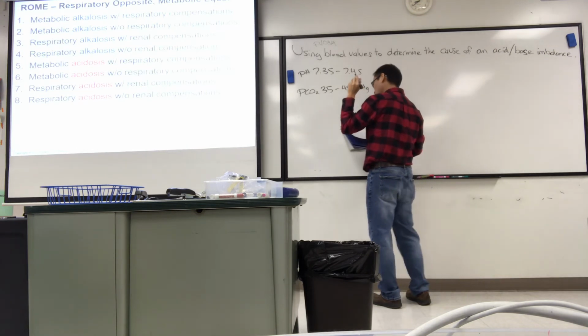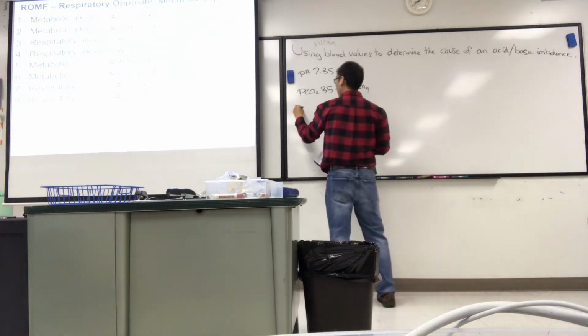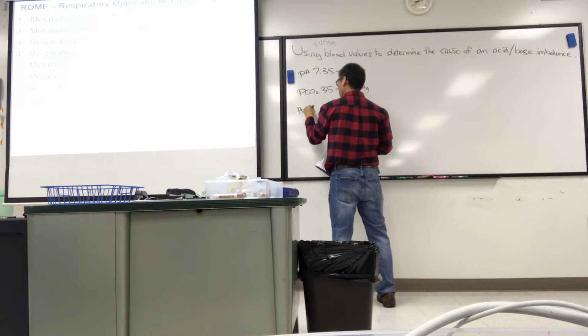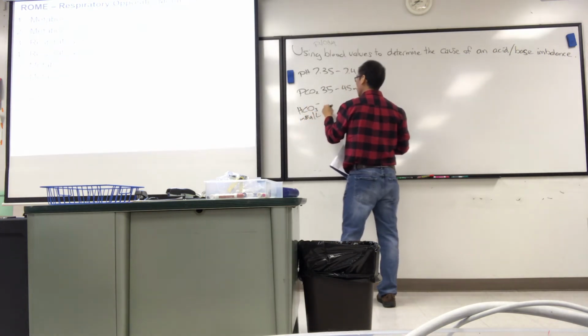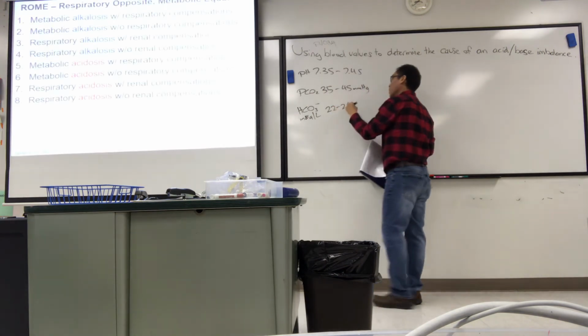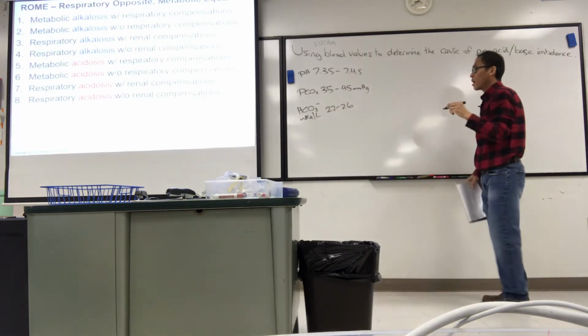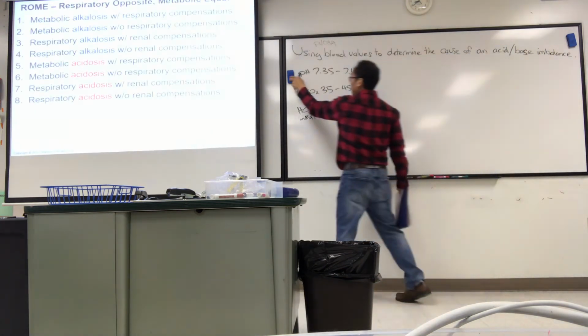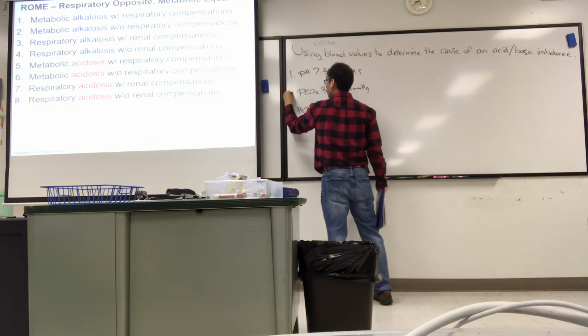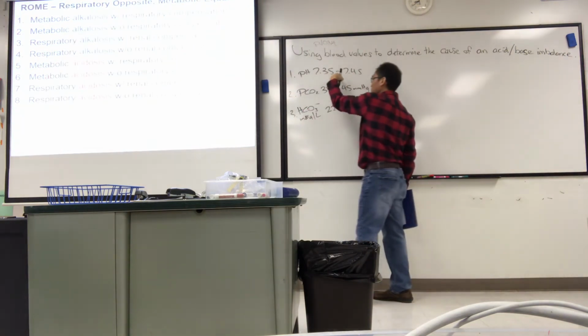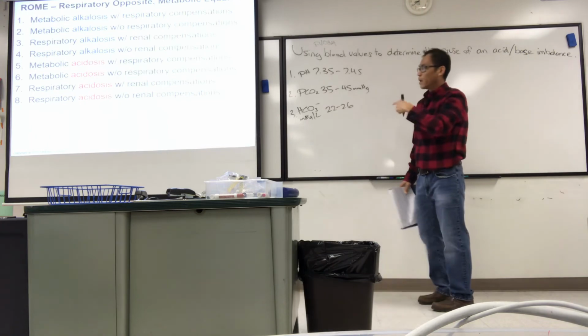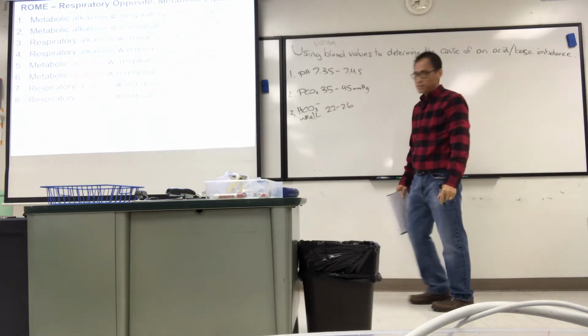And then for bicarb, the units are milliequivalents per liter, 22 to 26. Okay. So what you do is just kind of stepwise, 1, 2, 3, consider each one, and then as a fourth step, make your diagnosis.